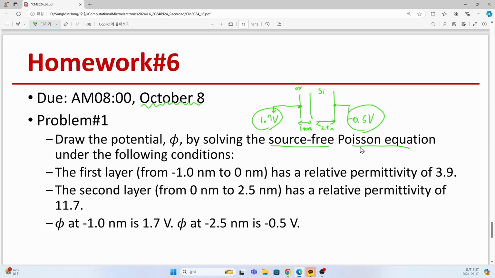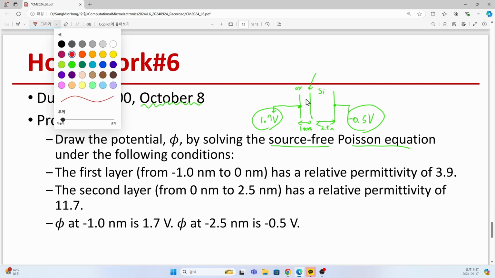Another point is that your midpoint is no longer placed at the center of your device. So you have to keep track of where the point for changing the permittivity is. In your homework problem, you have to keep that in mind. By introducing that, if you do it correctly, you will get the changing of slopes here and there.